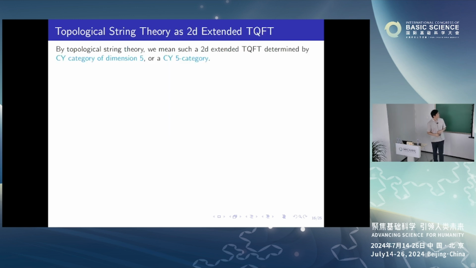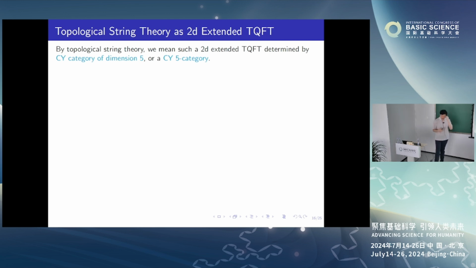Okay, so now using these sorts of things, I want to explain these ingredients of string theory. For practical string theory, at least for today's purposes, I'm thinking of some Calabi-Yau category.